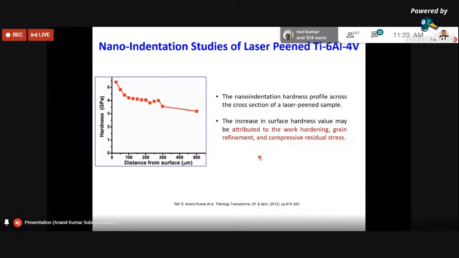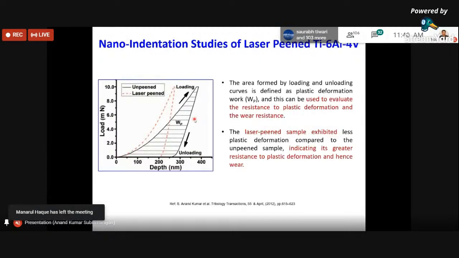Right. So moving forward, this is again a very similar typical characteristic of increased hardness for this laser peened titanium alloy, and as we move away, the hardness reaches the parent material hardness. In the case of this load-depth graph, one can find that the area under the curve tells us the resistance to plastic deformation or the hardness improvement.